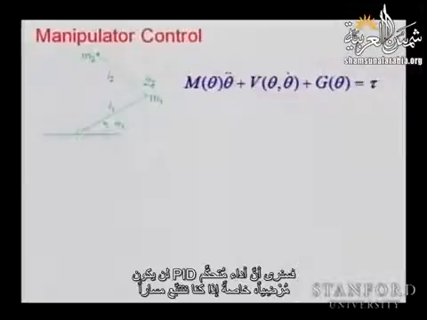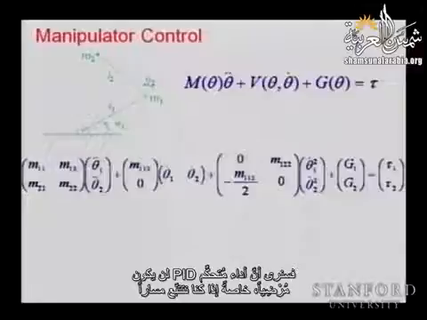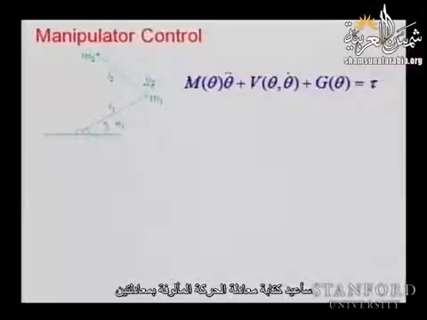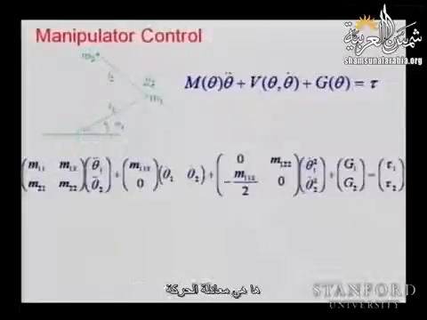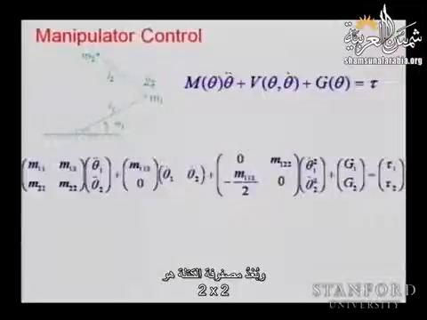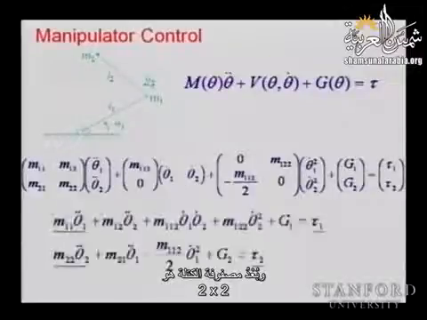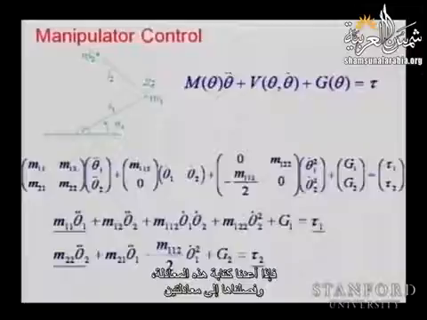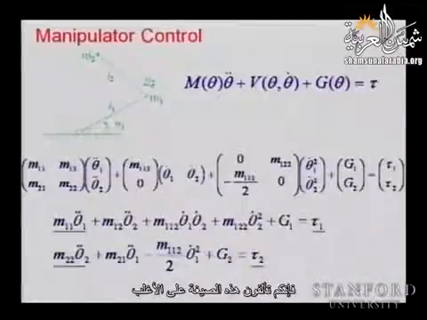So this equation of motion you're familiar with, I'm going to rewrite it in 2 equations. Here is the equation of motion, and you have 2 joints, so the vectors are 2 by 1, and the mass matrix is a 2 by 2. If we rewrite this equation in two equations, now you're probably more familiar with this form.